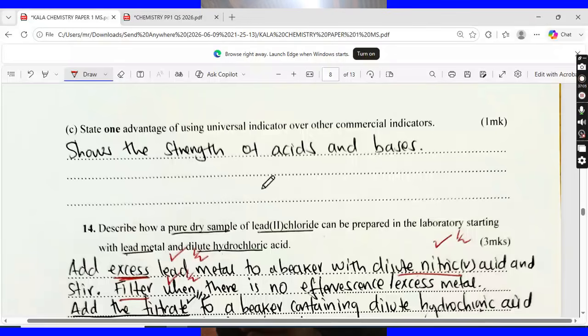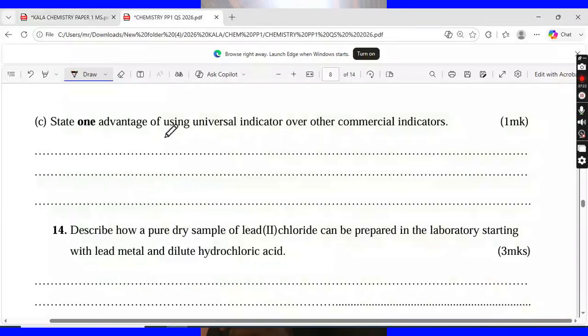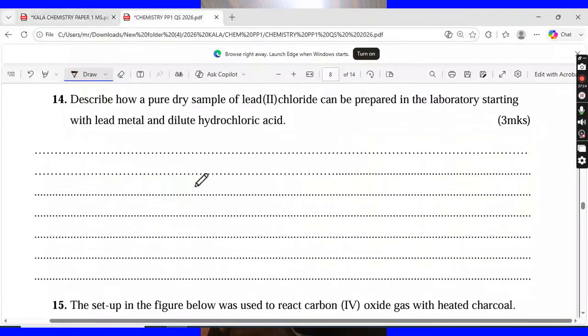The commercial indicators will only tell you that this is an acid and this is a base, but they cannot tell you which one is stronger, which one is a weak acid. But a universal indicator can show that this is an acid, as well as its strength.